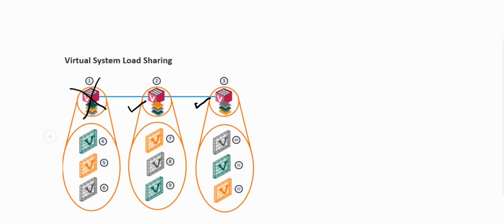Similarly, if a virtual system fails for one reason or another, this virtual system which was active, the next member which is fully synchronized with this virtual system, consider this one, becomes active. So this virtual machine becomes active, and the next available virtual machine which was acting as a backup becomes a standby.